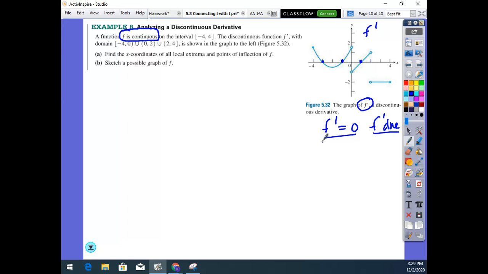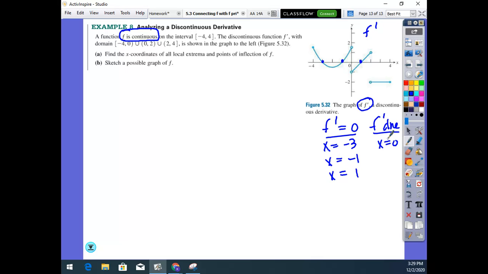So it equals 0 at -3, -1, +1, and it does not exist at 0. Now, this says F is continuous, but the derivative does not exist at 0.